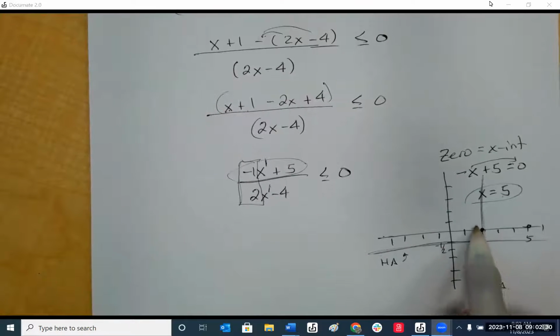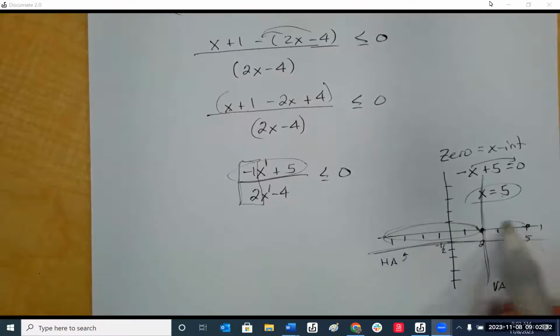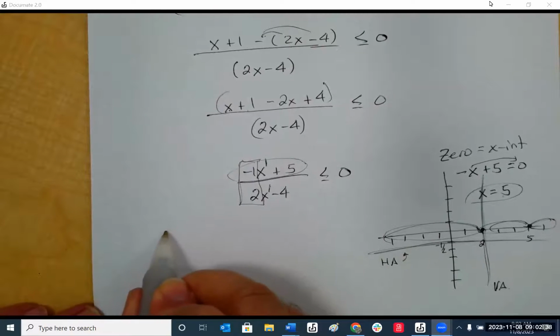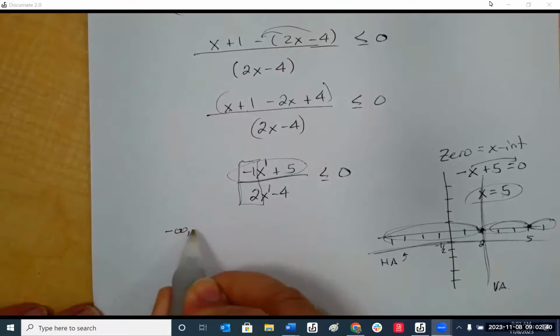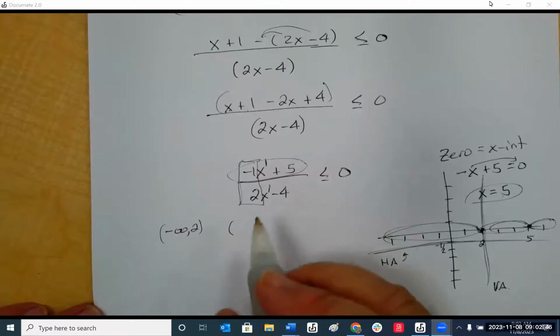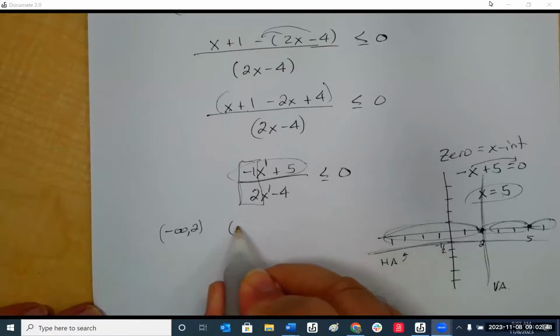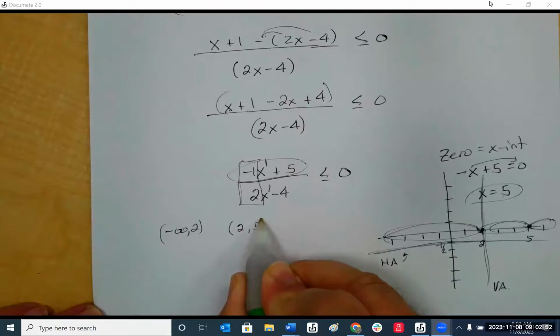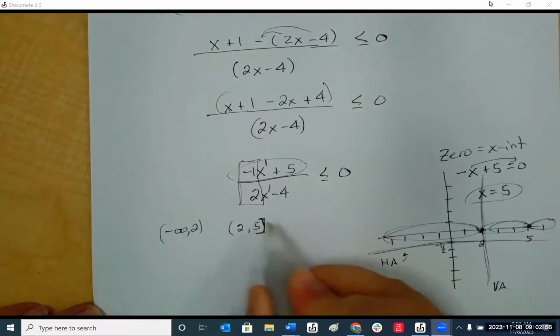So my intervals are going to be between negative infinity and 2, 2 and 5. Well, 5 we can use.